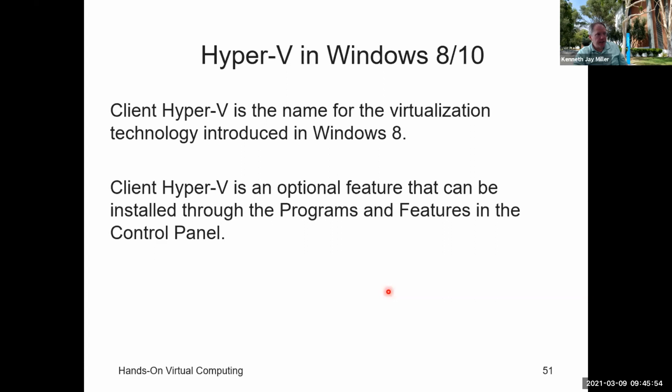So Hyper-V is built into Windows 8 and Windows 10, but you have to have the professional, enterprise, or education version for it to be available. If you have the home version, it's not in there.